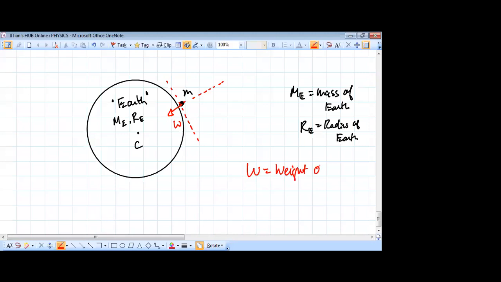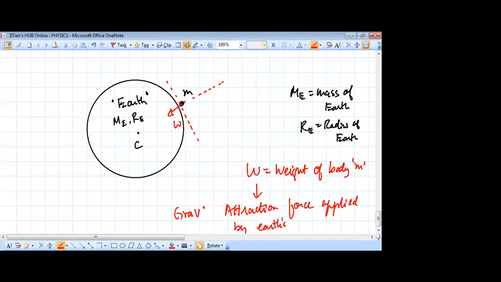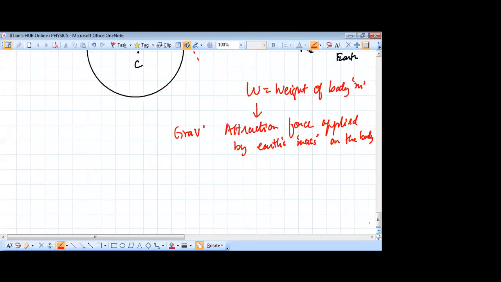So W, or the weight of the body of mass M, this is nothing but the gravitational attraction force applied by the Earth's mass on the body. This is what is responsible for weight.